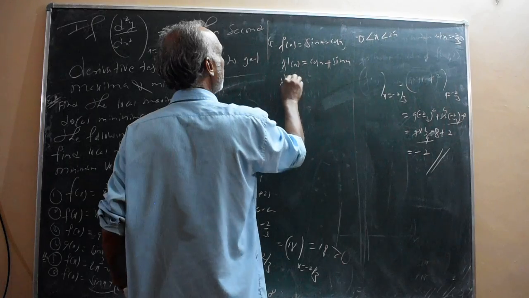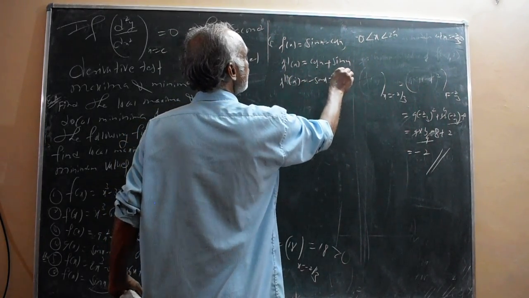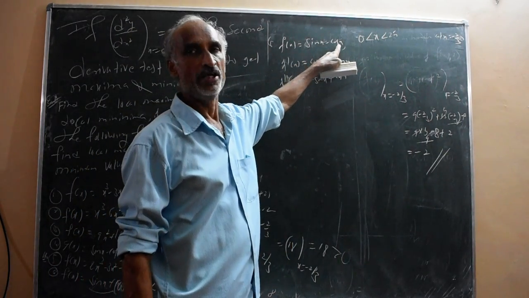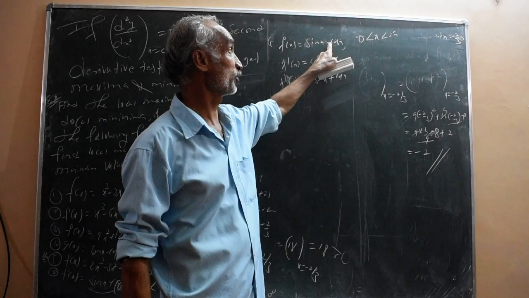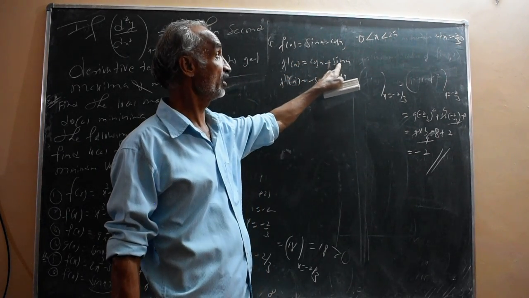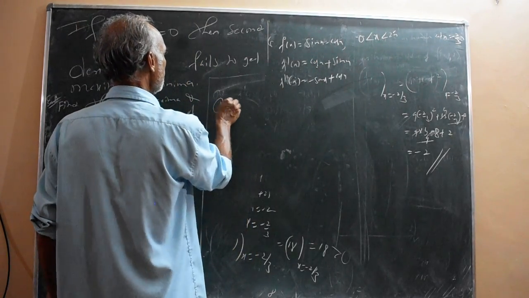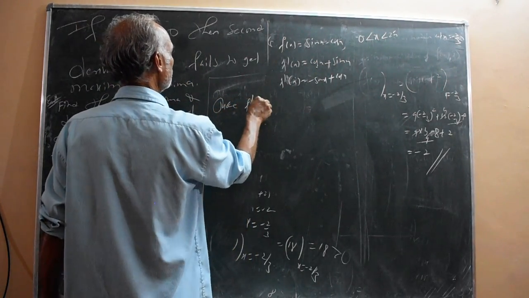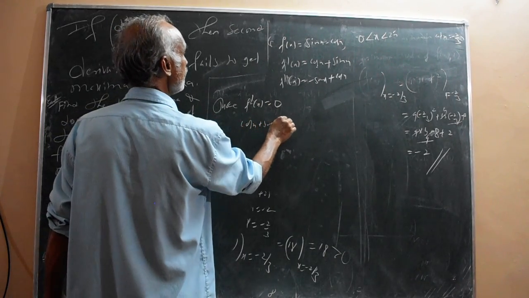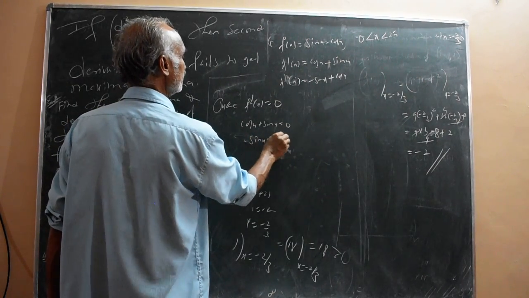You differentiate again: cos x differentiates to minus sin x, and sin x differentiates to cos x. d by dx of sin x is cos x and d by dx of cos x is minus sin x, and this minus here becomes plus. Take f dash of x is 0, therefore cos x plus sin x is 0, therefore sin x is equal to minus cos x.